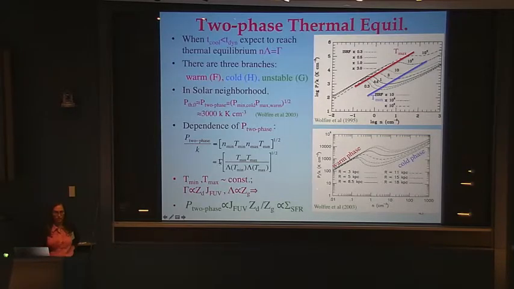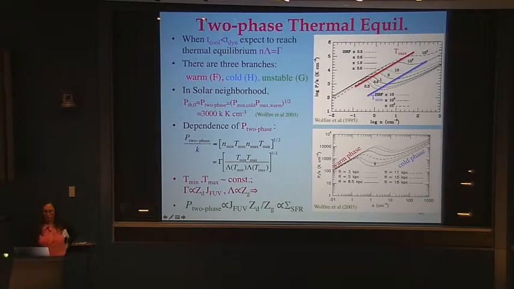So what sets the heating rate? Well, as I said, the heating rate depends on the UV radiation field and also on the abundance of the dust, because you have the photoelectric effect on the dust grains. The cooling rate depends on metallicity, because at least on the cold side, it's mostly C+. And so the pressure at which you can have both phases really depends on the UV radiation field, which in turn depends on the star formation rate.